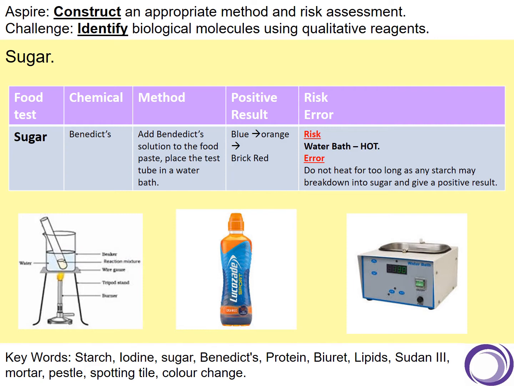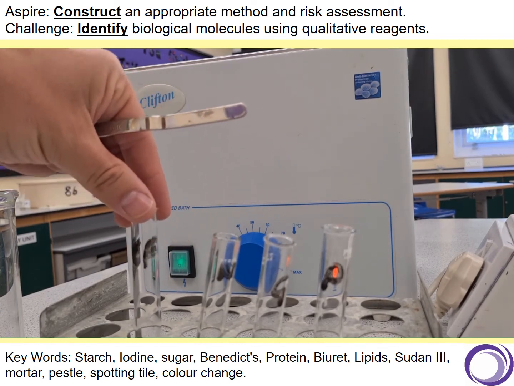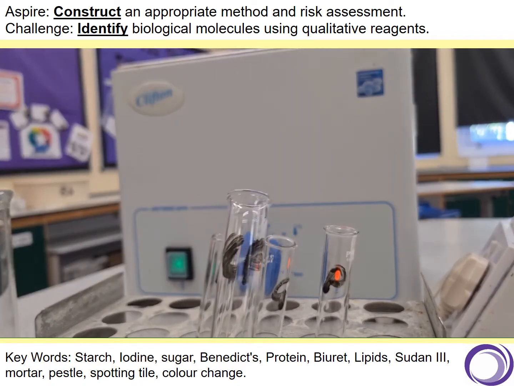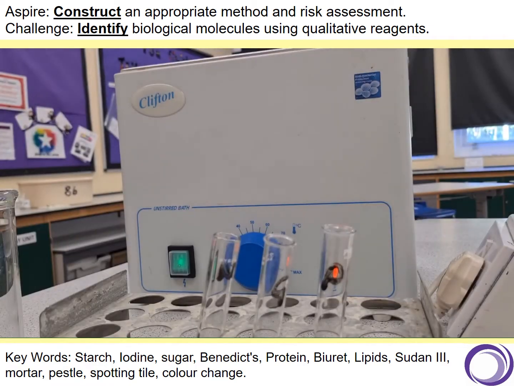Here's a practical for this. In order to do this, I'm going to use 4 different foods. In this test tube, I'm going to put some corn flour, labelled CF. I'm going to make sure I use a different spatula every time.